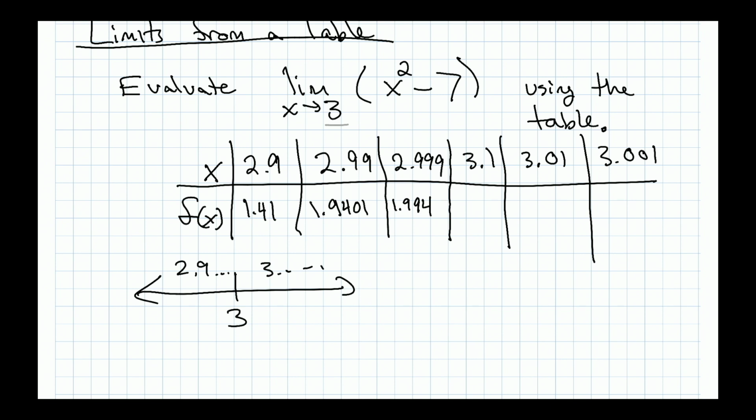Okay, and now let's do the others on the other side. 3.1. I get 2.61. 2.0601.